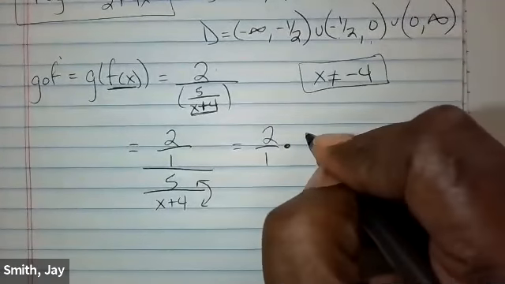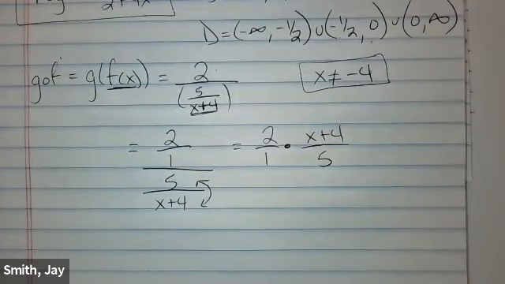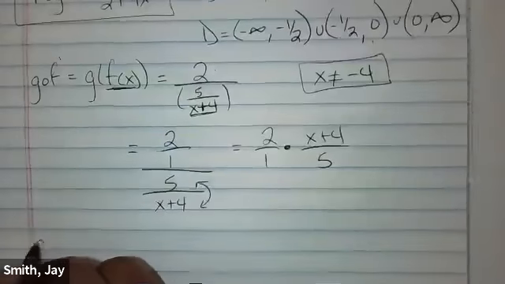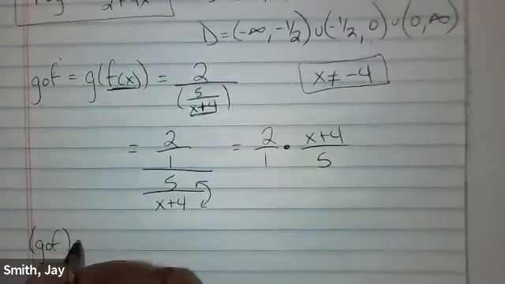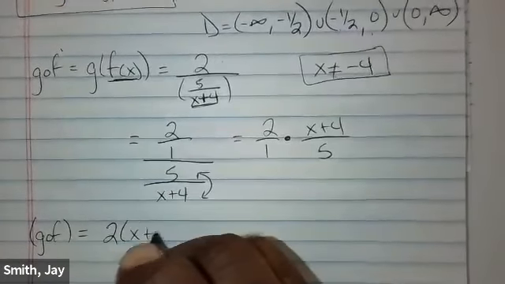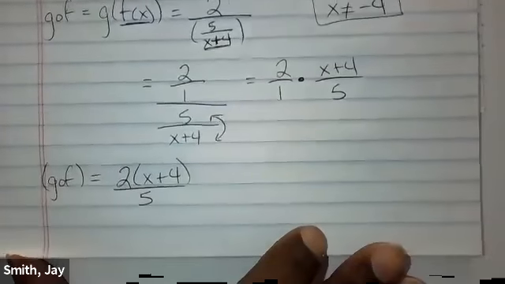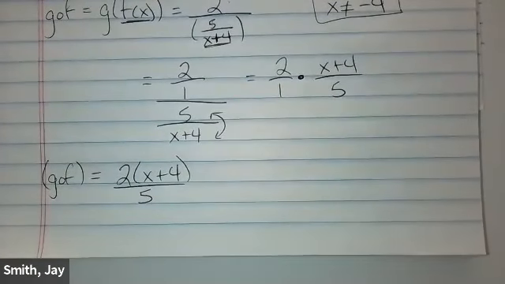So what was 5 over x plus 4 is now x plus 4 over 5. So g composed of f of x is just 2 times x plus 4 over 5. Now, this is technically the simplest way to write it because it's already factored. If you were to distribute that 2, I would have 2x plus 8 over 5. Algebraically, that's exactly the same, but it's not simple.